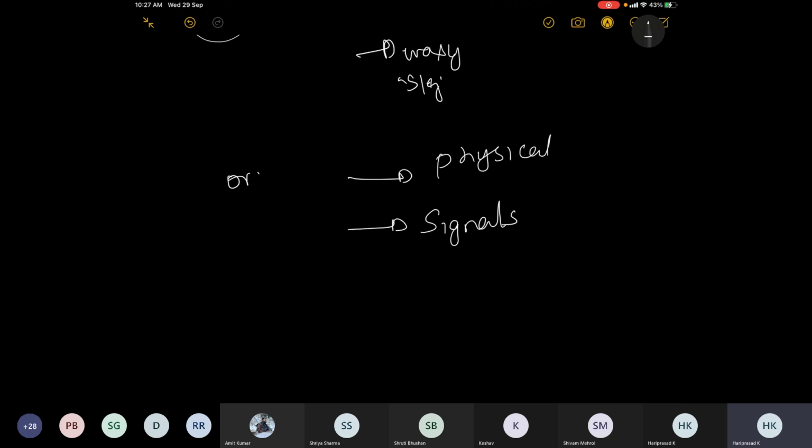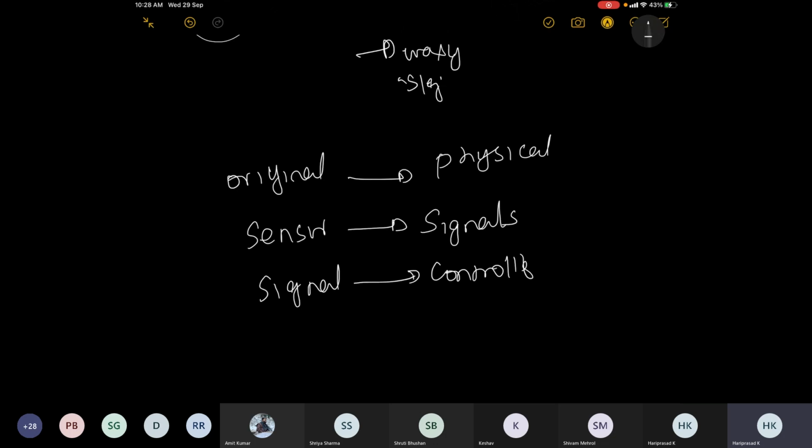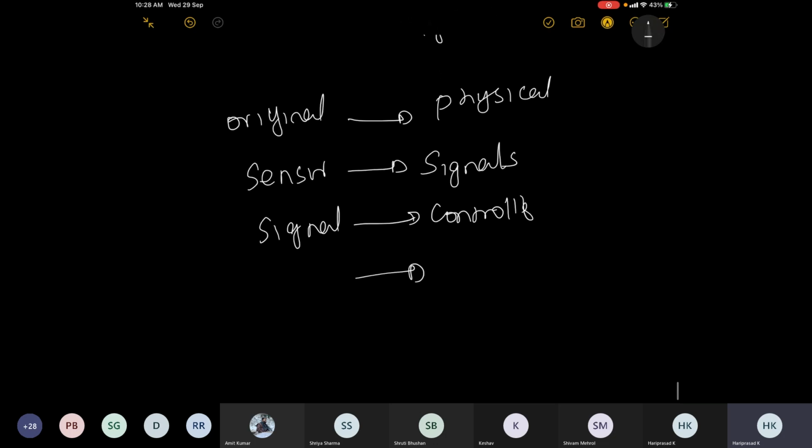So the original variable, your sensor converts into signals. Then it goes to the controller. That is also a signal. Fine. The controller is communicating to the I2P. That is also a signal. But the difference here is that this is most likely electric and this is pneumatic.